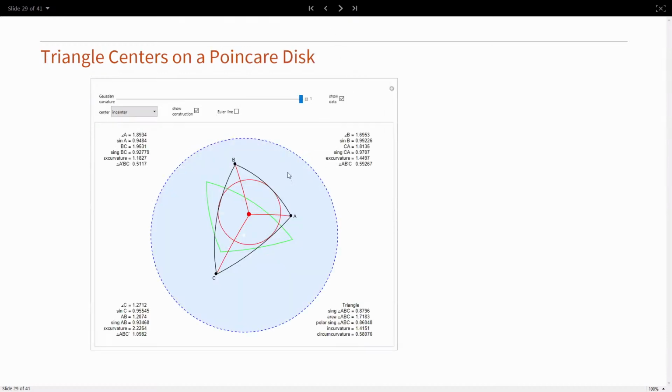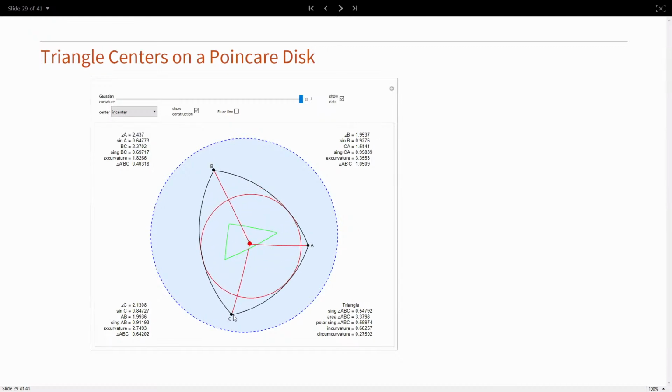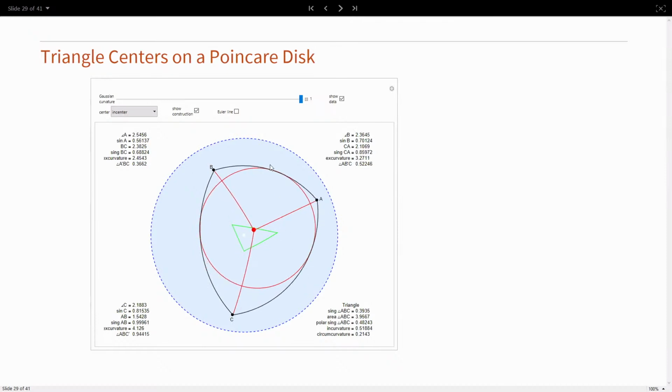We can also look at triangles on a Poincare disk, and these also have many different geometric properties. We can look at the incenter, circumcenter, and so on. All these various triangle items have solutions that we can look at. And we also have many different items on regular triangles as well, where, for example, the circumsphere and insphere are 2 things we can find with regular triangles.